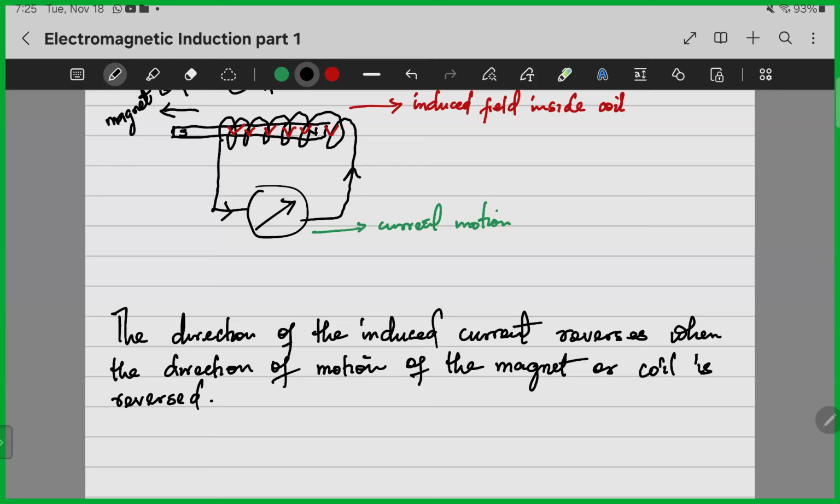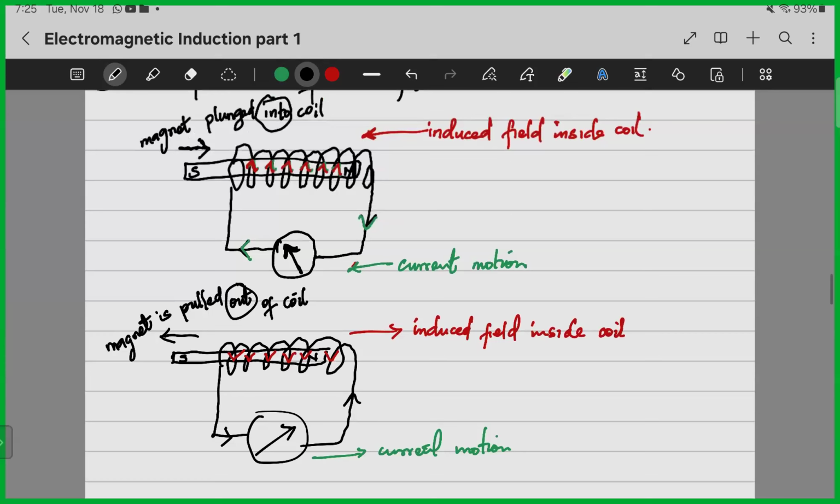Are you seeing that? The direction of the induced current, if you look at the above, reverses when the direction of the motion of the magnet is reversed. In the first case, the motion of the magnet was inwards, while in this case, the motion was outwards. You can see that in both cases, the directions of the induced current are opposite to each other.